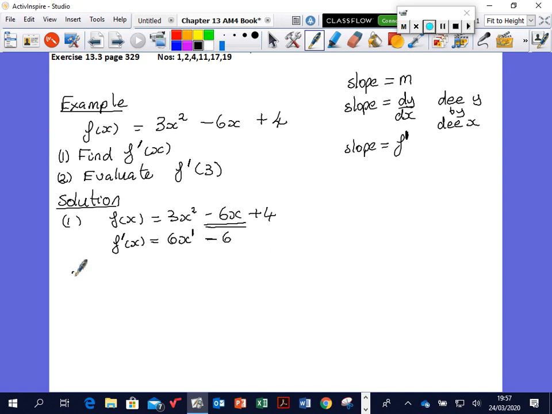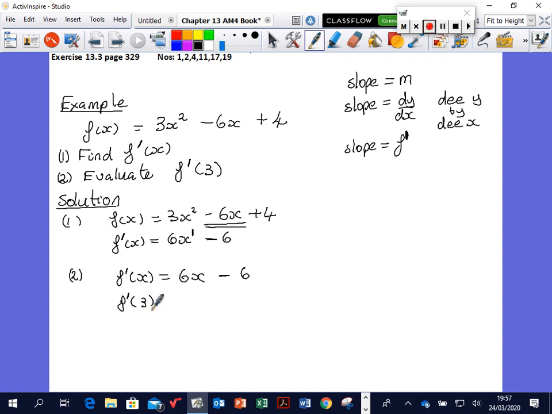Part 2 is asking us to evaluate f dashed of 3. So our function at the moment is f dashed x is equal to 6 times x. We don't bother writing the power of 1. We just leave it as 6x. And they've asked us to work out f dashed 3.